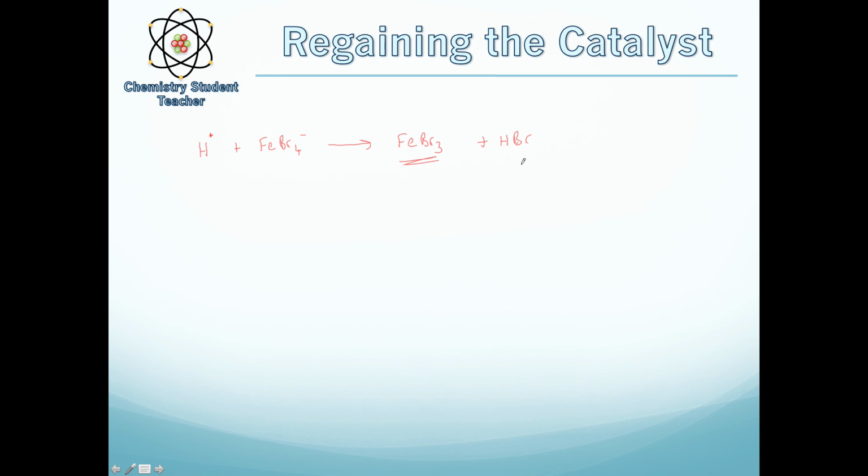And the same thing happens with the chlorine version of the reaction, AlCl4- reacts with the proton to form AlCl3, catalyst is back, plus HCl, and that's how we regain the catalyst of a reaction.